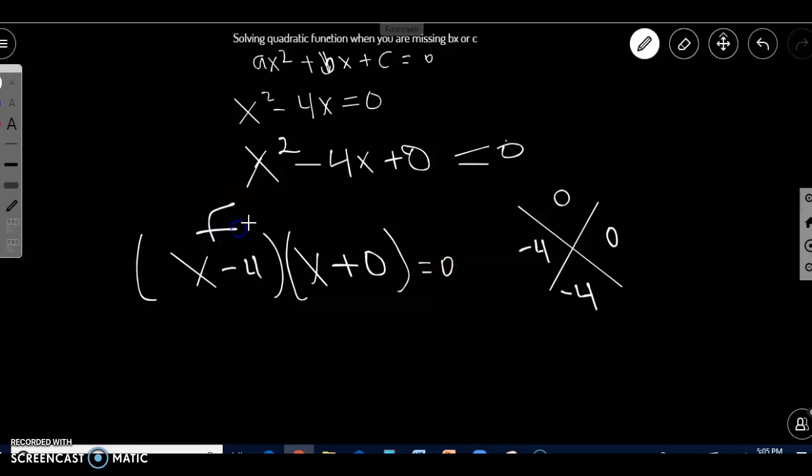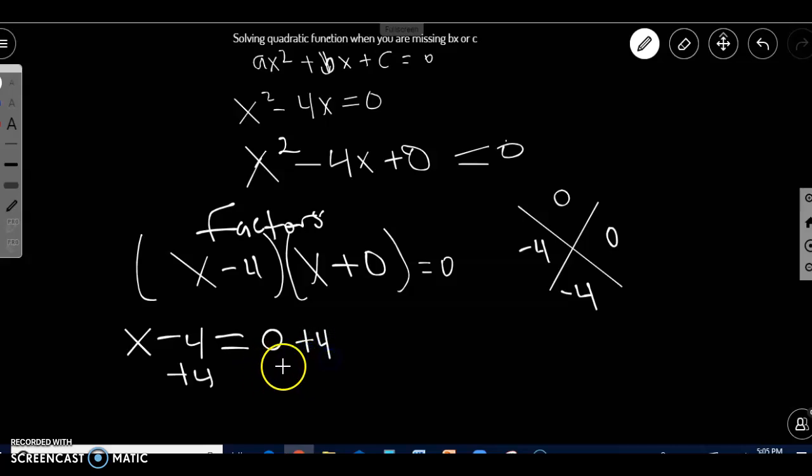Here you set each factor equal to 0. Remember, these are the factors. When we solve x minus 4 equals 0, you want to isolate the x, so you add 4 to both sides. That makes this side 0, and here 0 plus 4 becomes 4, so x equals 4.